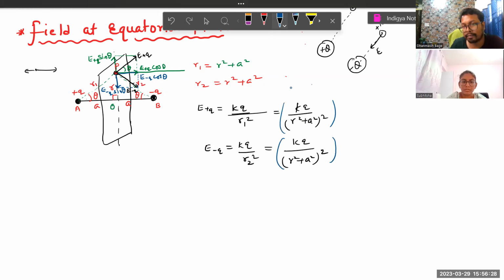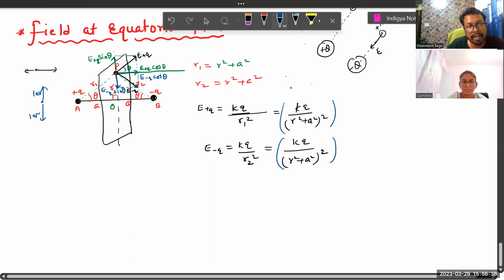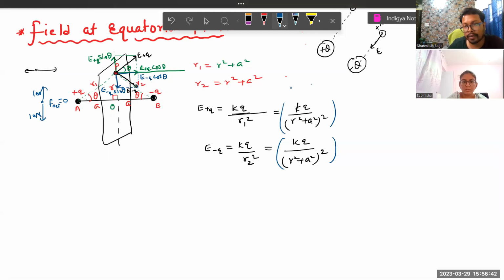Magnitudes are exactly the same. They are in opposite direction. So if you apply 10 Newton of force here and 10 Newton of force in the downward direction, what is the net force? 0, right? If you're pulling on an object in two directions with the same force, 10 Newton, 10 Newton, net force is 0. So in the net field, the vertical components just get cancelled out.